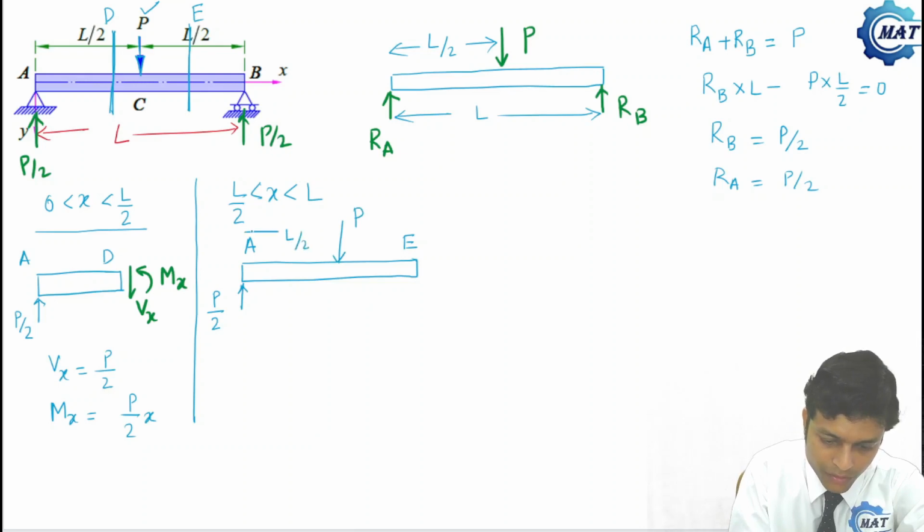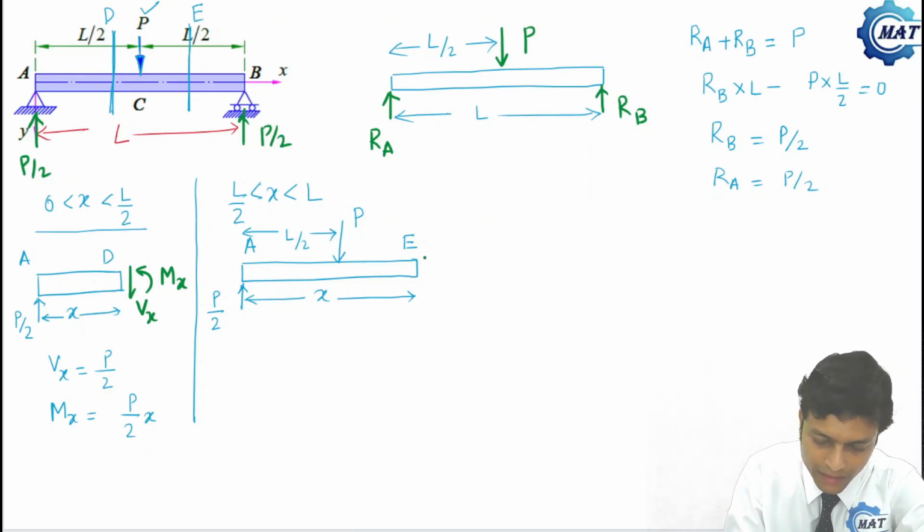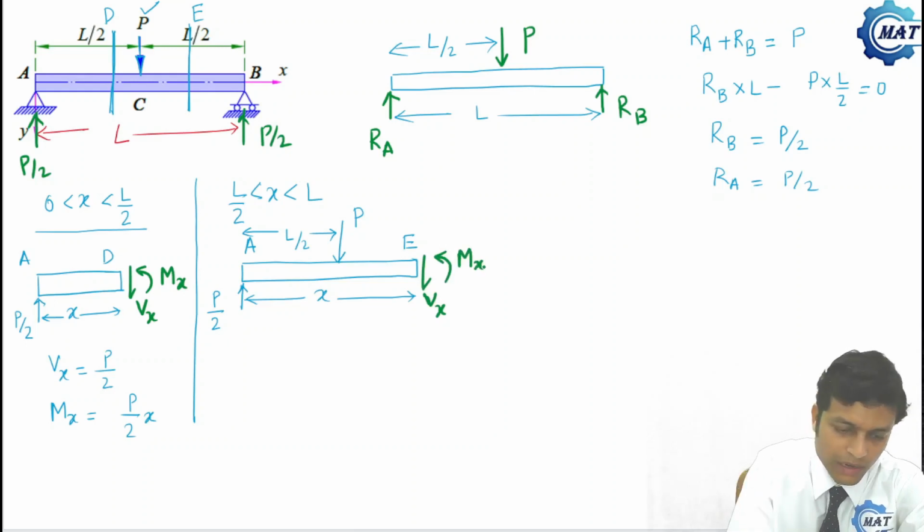This is L by 2 distance. This distance is x. Now the shear force and bending moment at this right hand face are Vx and Mx.